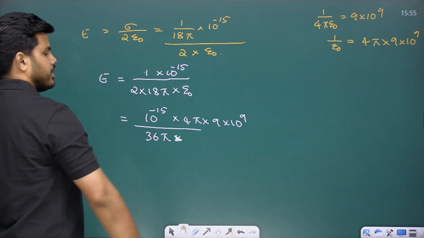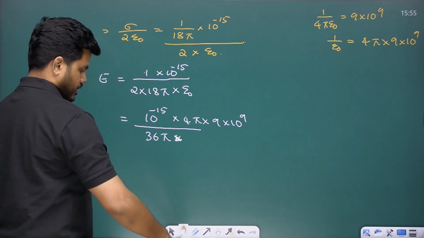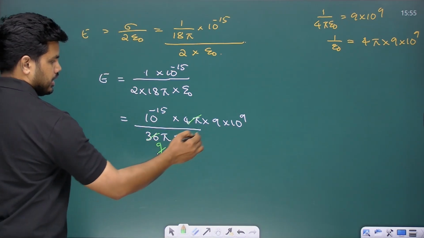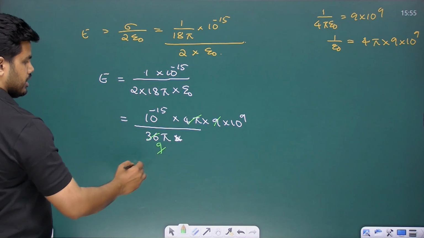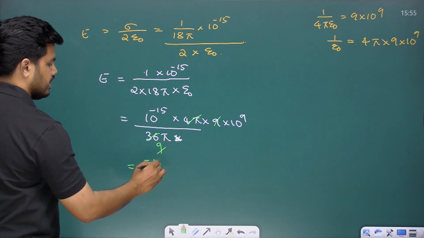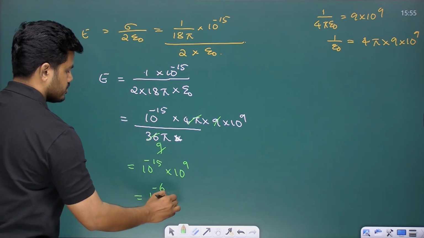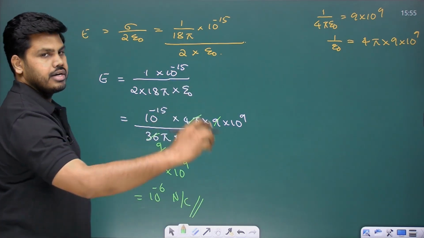So we can cancel 36 and this by 9. 9 gets cancelled. We get just 10 raised to minus 15 into 10 raised to 9. We get 10 raised to minus 6 Newton per Coulomb. That was the electric field strength.